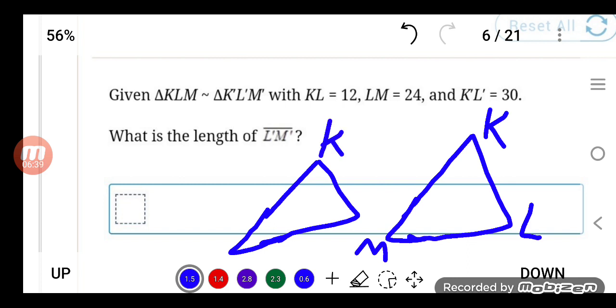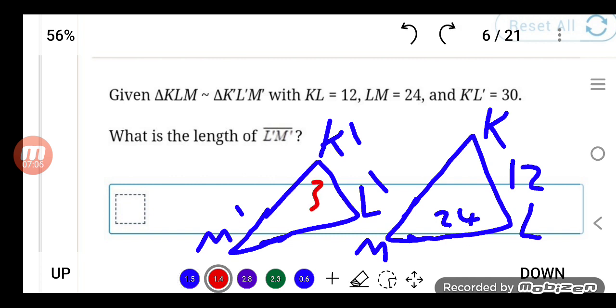Second one, K prime, L prime, M prime. You are given KL 12. So here you have 12. And LM 24. So here you have 24. And K prime L prime is 30. So here it is 30.